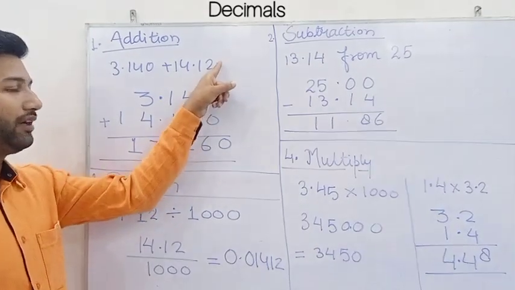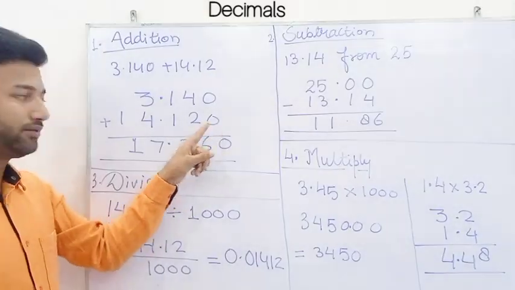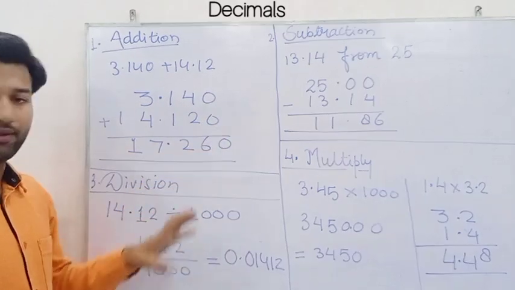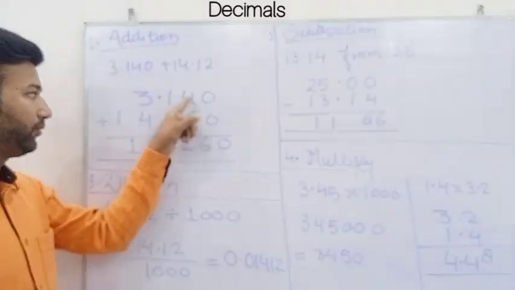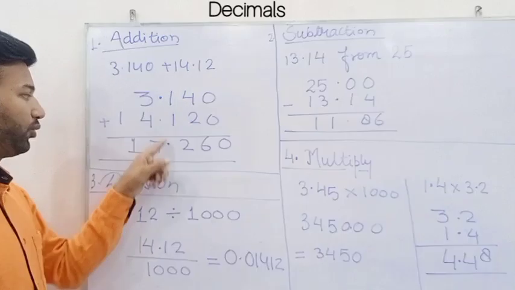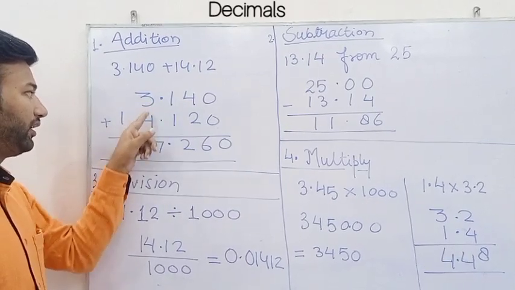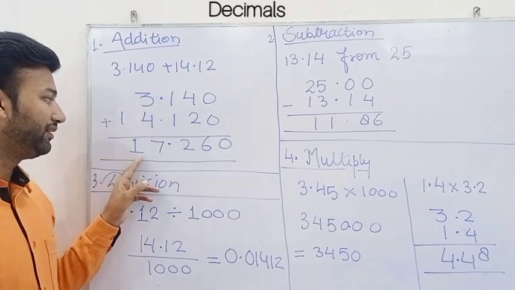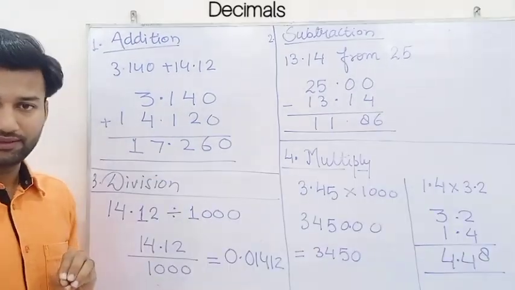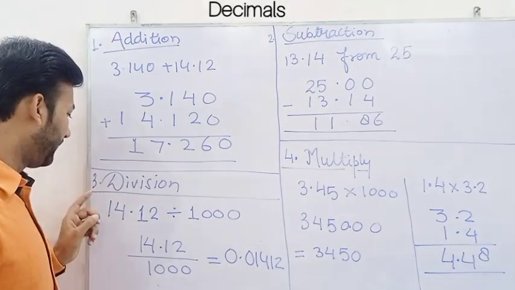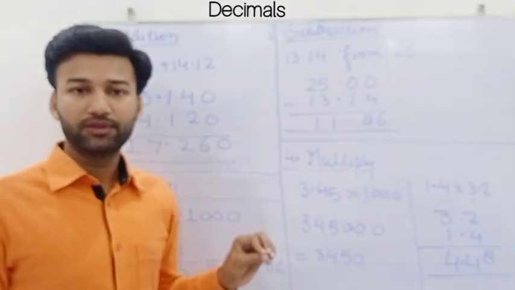If they are unlike, then make them like. So now it is like after adding a 0. 0 plus 0 is 0, then 6, then 2, 1, then 7, and 1. So the answer is 17.260.